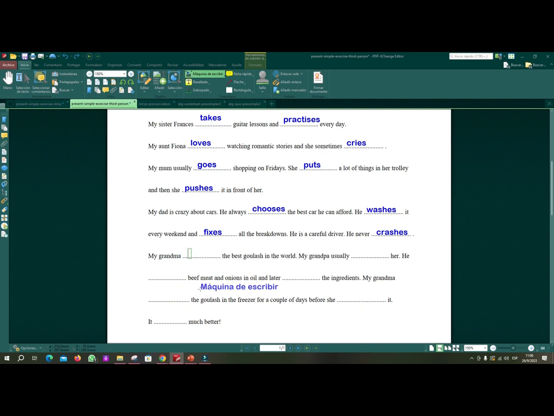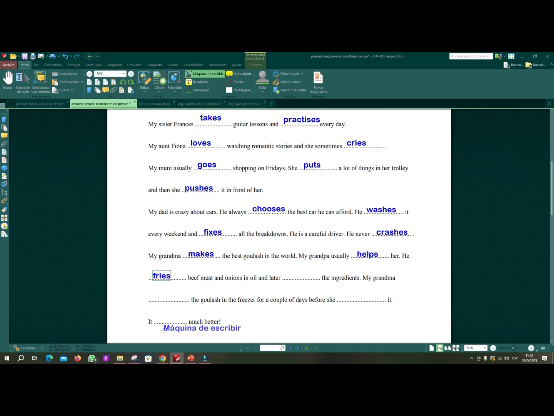My grandma makes, let's say makes the best goulash in the world. I don't know what is that, like it's something like food, right? So, my grandpa usually helps her, right? Helps her. He fries, that is the food, right?